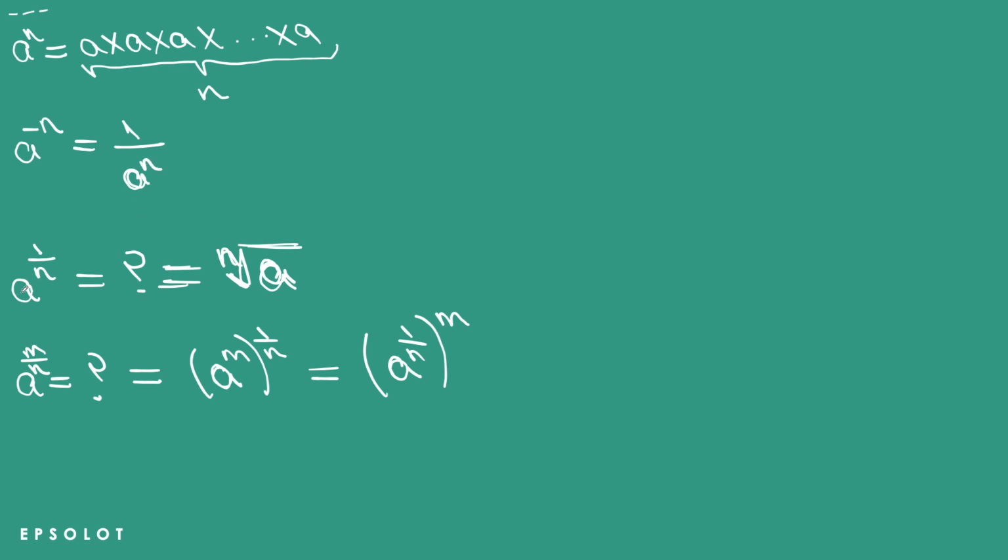If something is raised to the power of 1 over n, then that means that you need to take the nth root of that number. If something is raised to the power of m divided by n, then the numerator is the power that you need to raise it to, and the denominator is the nth root that you need to take. And the order does not matter. You can take the power first and then take the root, or you can take the root first and then the power.